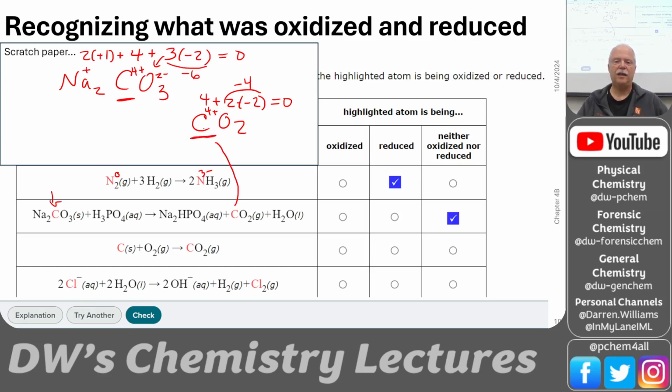So that highlighted atom was neither reduced nor oxidized because its oxidation state didn't change. So that's all you're doing for these kinds of problems. You're just trying to first figure out the oxidation number and then see if it changes as it goes past the arrow. If it doesn't change, then that particular atom was not oxidized or reduced.